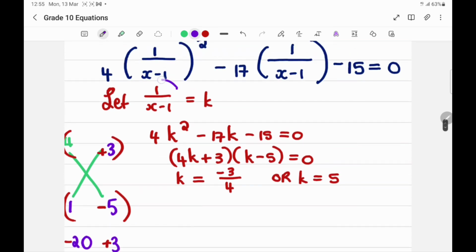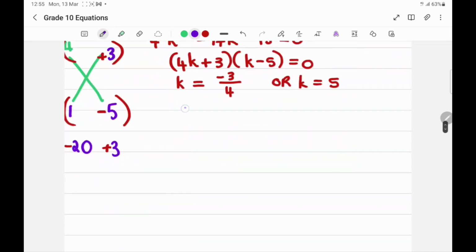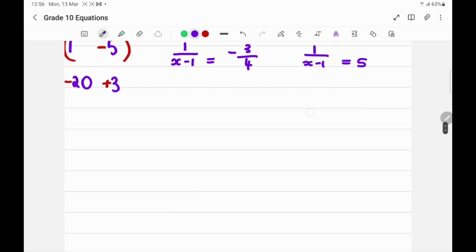But hold on, what did we make k? 1 over x minus 1. 1 over x minus 1 is equal to negative 3 over 4, or 1 over x minus 1 is 5.